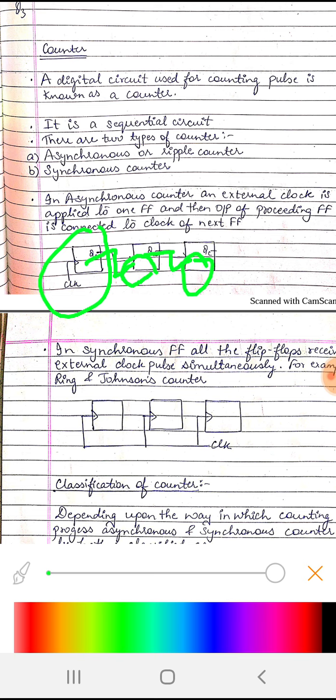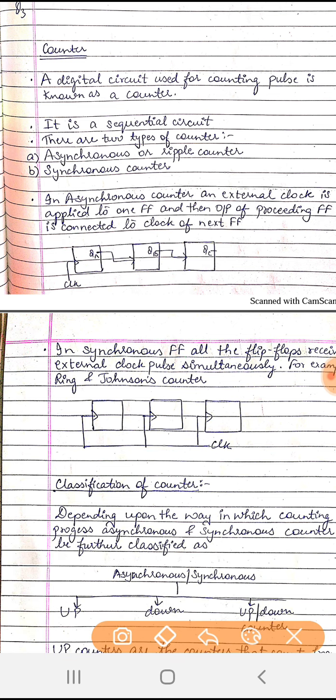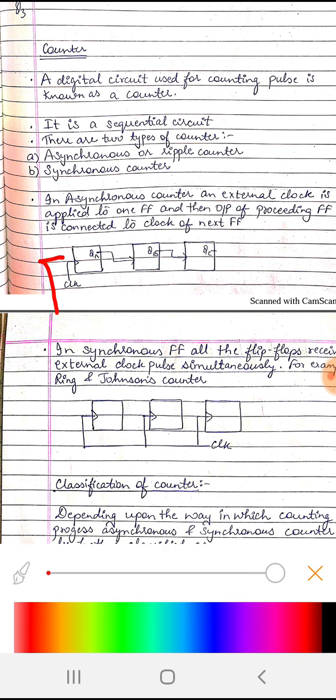So we provide the external clock only to the first flip-flop, while in a synchronous counter all the flip-flops get the clock pulse simultaneously. This is the basic difference between asynchronous and synchronous counter.